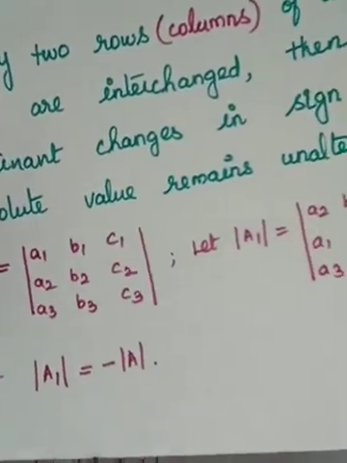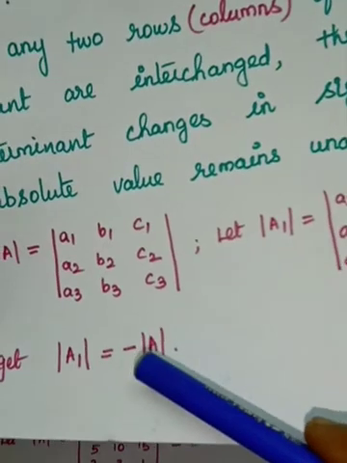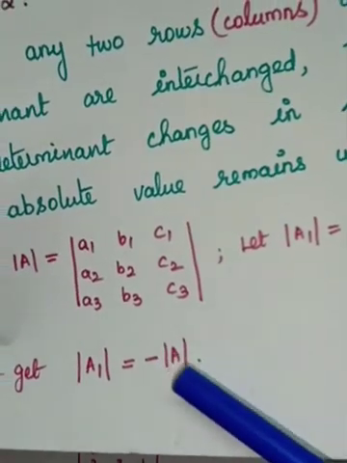If you make another interchange, again you will get one minus. So minus into minus is plus.